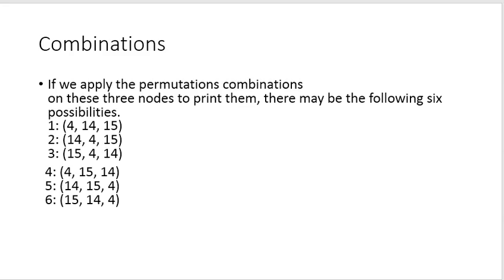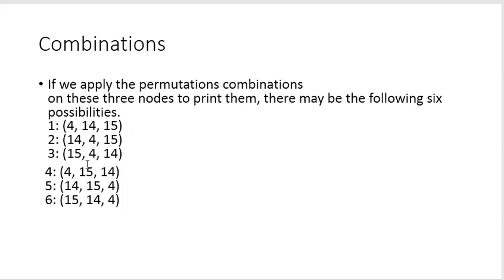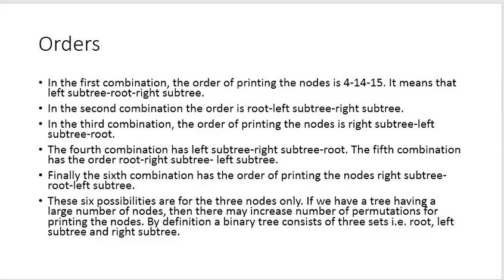In the third we have right, left and root, there was a mistake in it: right, left and then root. Then in the fourth we have left, right and root.